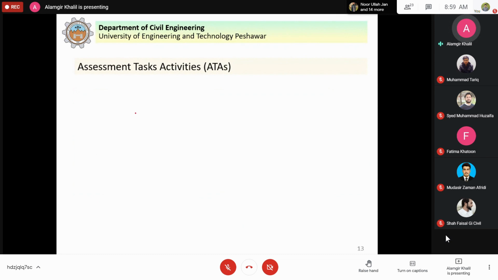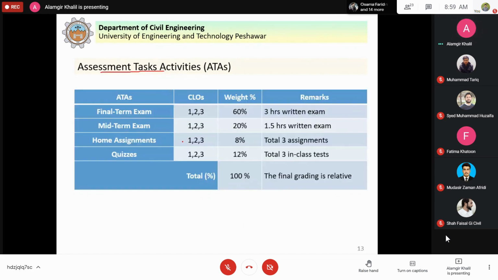Assessment task activities. We will have home assignments and quizzes. That covers 20% of the 100% weightage.